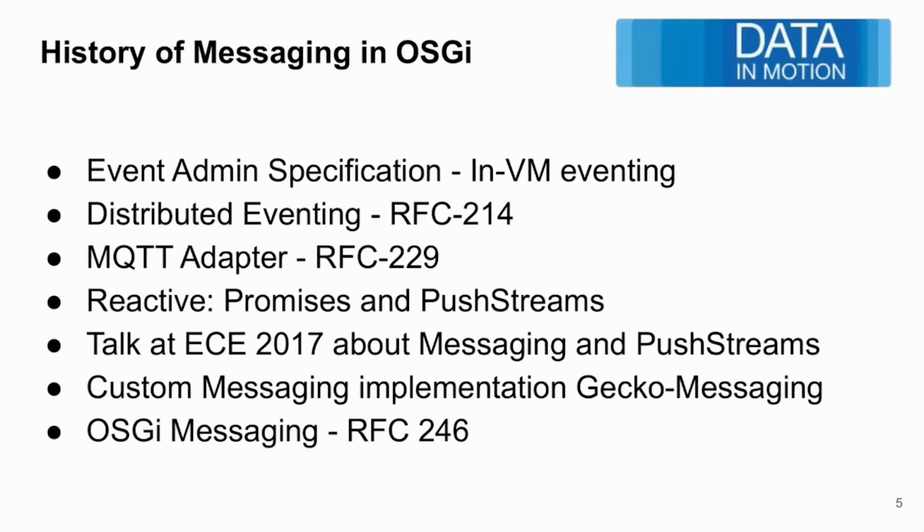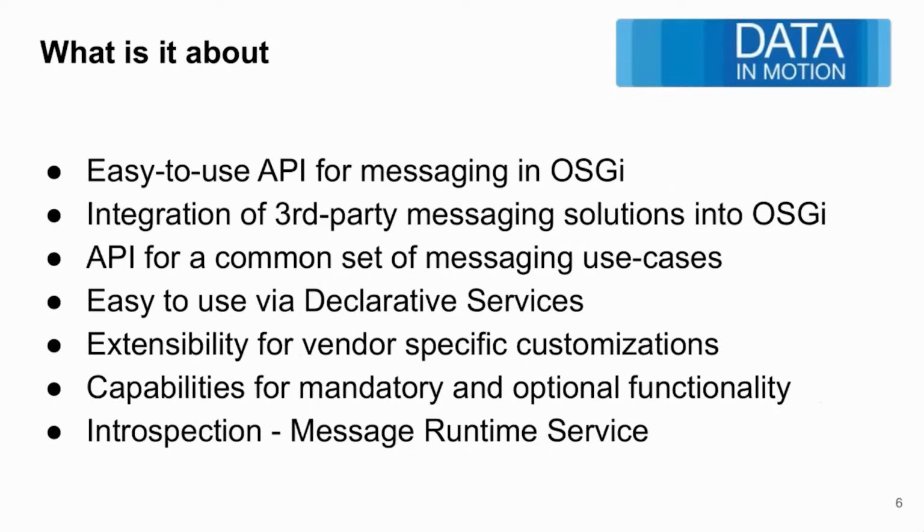I already gave a talk a few years ago about that in PushStreams and showed in a practical part how different implementations and PushStreams can be used. Out of this, the RFP and now the RFC and the specification came out, and now I'm happy that messaging will become a specification.